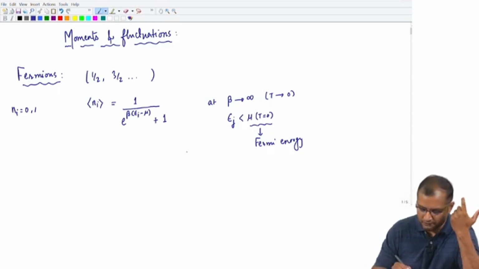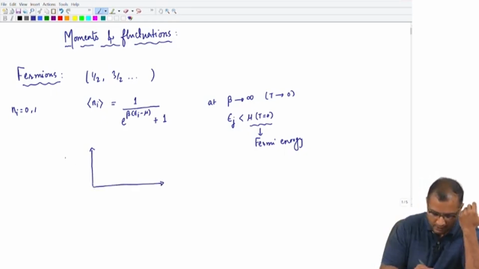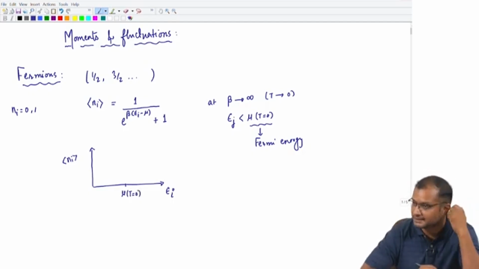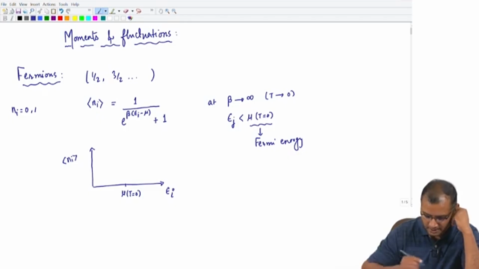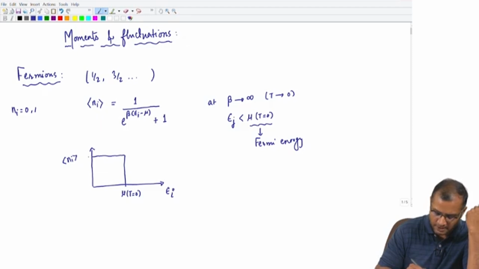So, if I sketch this occupation number at T equal to 0, I would get something like this. There would be somewhere a chemical potential at T equal to 0, this is a value on the x axis, this is also the Fermi energy, and everything below this Fermi energy would be occupied as 1, and this is where the graph would abruptly come to 0.